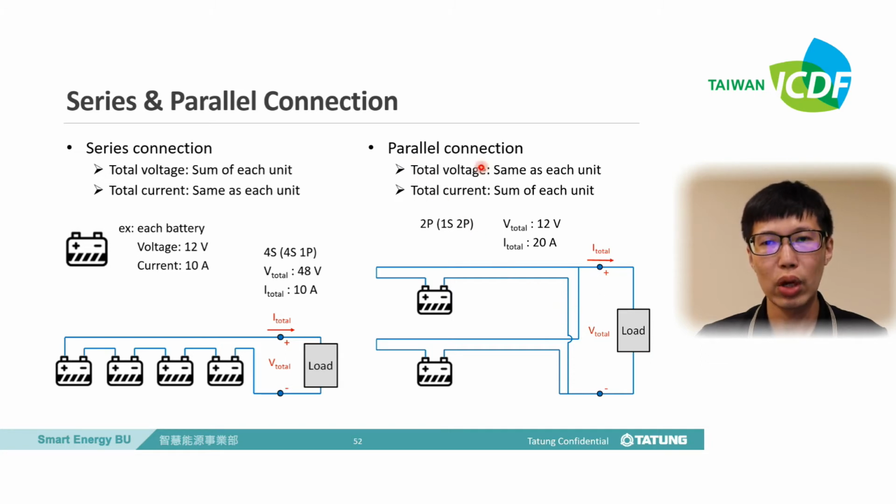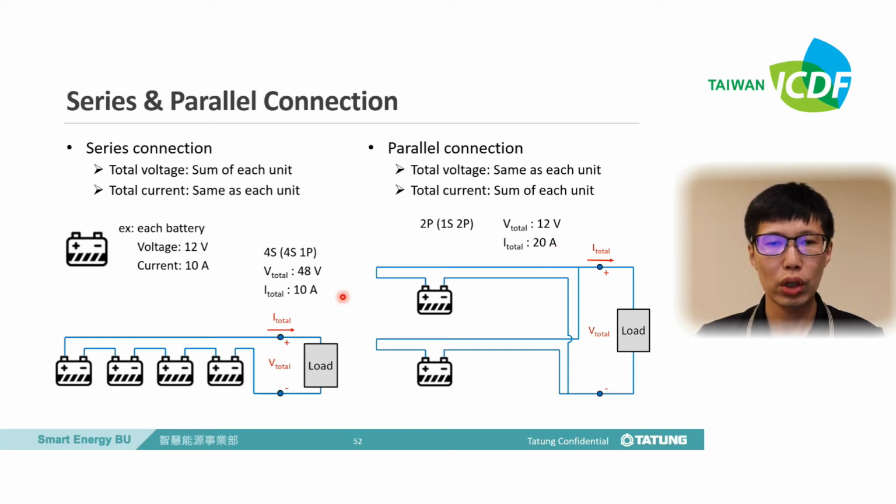And in parallel connection, the total voltage will be the same as each unit, which means the same as each battery. So the voltage will be 12 volts, but the current will be the sum of each unit, which means 10 plus 10 equals 20 amperes.